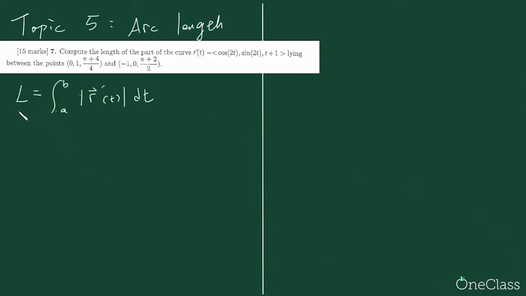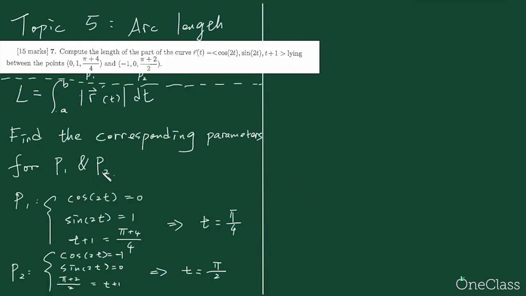By the formula of the arc length, if we want to know the length between two points, the first thing we need to do is find the t representing these two points on this curve. Therefore, we let the curve r(t) equal to these points. For point 1, we let cos 2t equal 0, sin 2t equal 1, and t plus 1 equal (pi plus 4)/4.